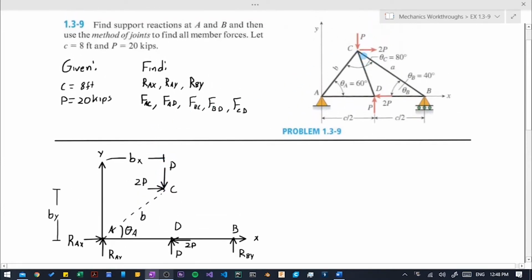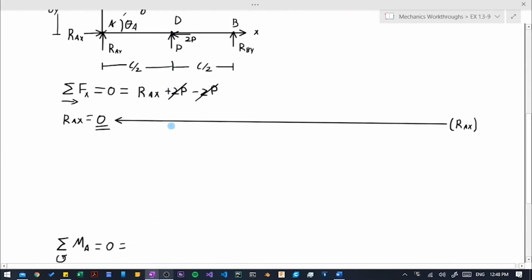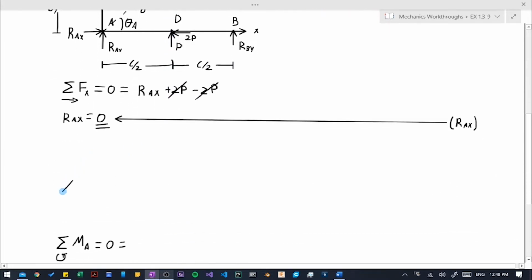Well, let's go ahead and consider the entire structure as one triangle. So I'm going to go ahead and draw that. And so we have point A, point B, and point C. And we are given all of these angles.